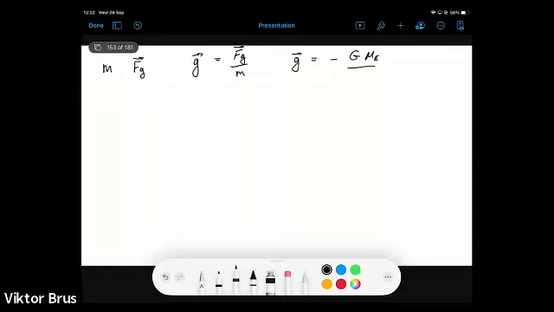Here we need to multiply this by the r vector, which gives us the orientation of the radius vector, like a position vector, and this minus tells us that this gravitational field is pointed towards the center of the planet.